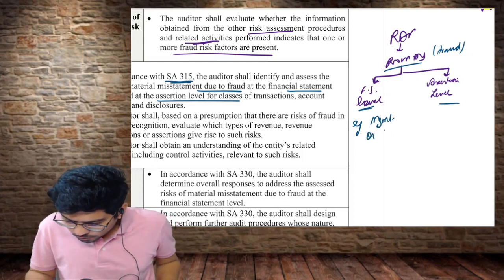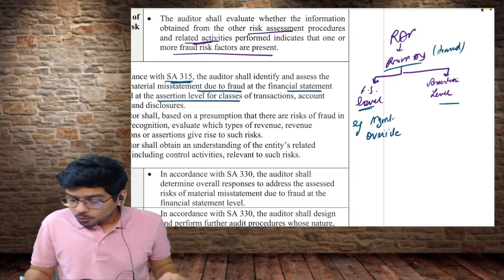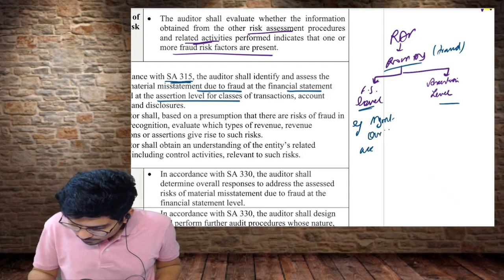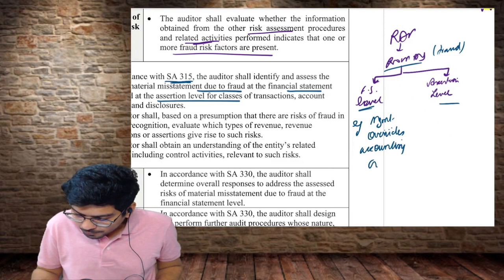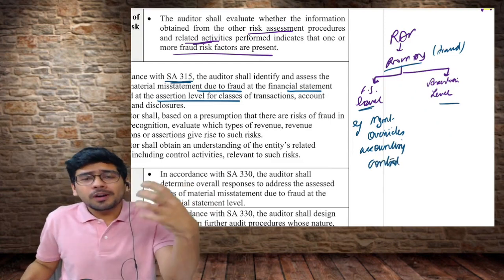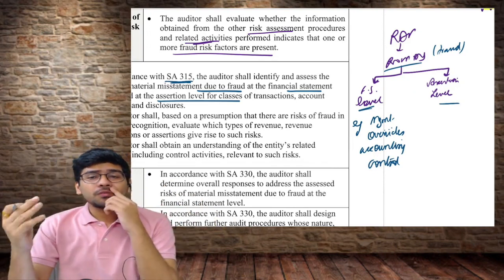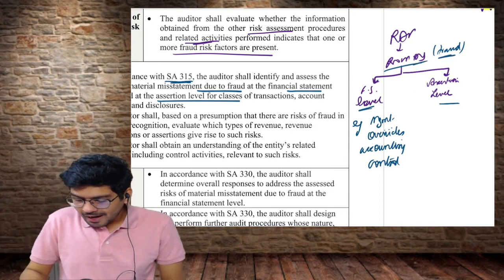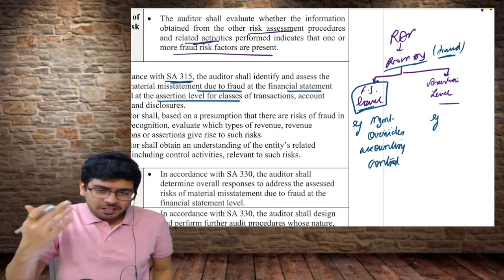A lot of controls, management has overridden all the accounting controls. Now this might impact many assertions. So this is going to be ROMMS due to fraud at the financial statement level. And if I say assertion level, now please give me an example for this.